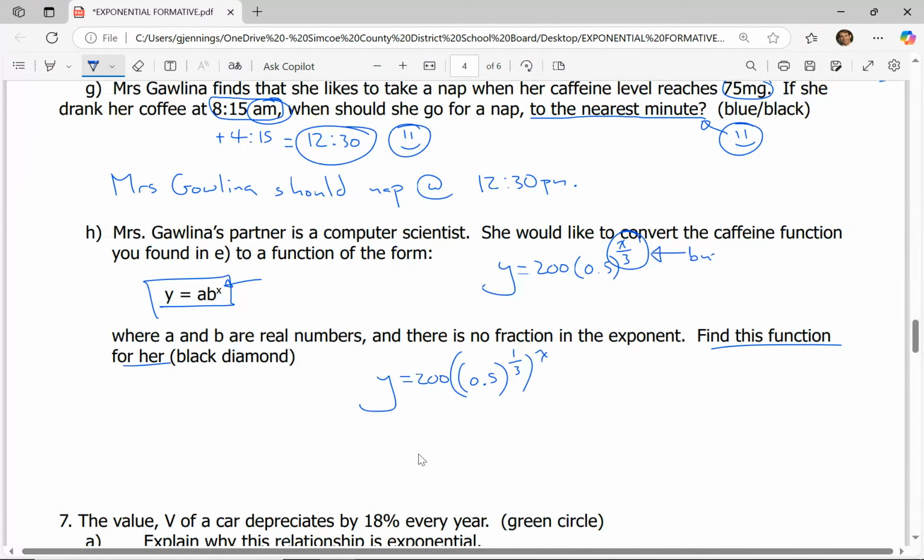It's so nice. 0.5 raised to the power, put it in brackets, 1 divided by 3 in the bracket. There's your growth factor, 0.7937. So this should have rounding instructions as well. Find this function for her with all numbers rounded to 4 decimal places.